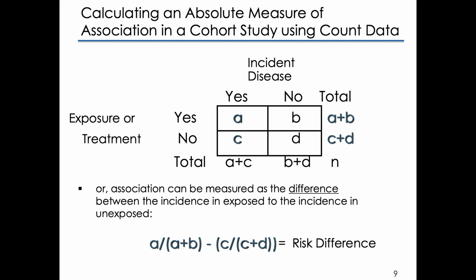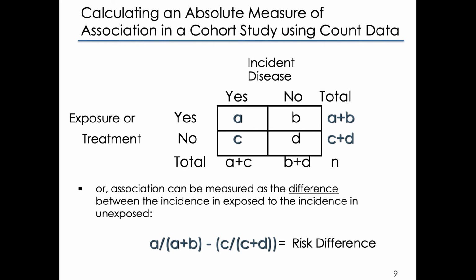So the ratio is a relative measure because we're dividing. One divided by the other is the relative measure. The alternative is to calculate an absolute measure of association in a cohort study, or in a randomized trial using count data.